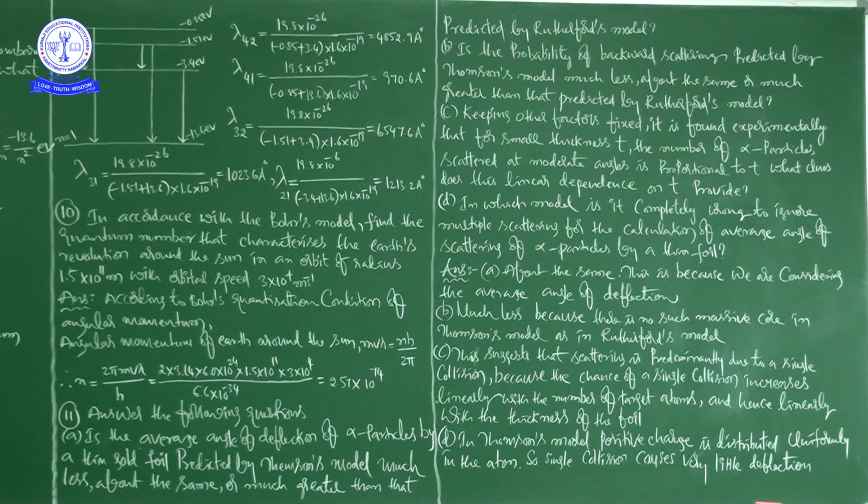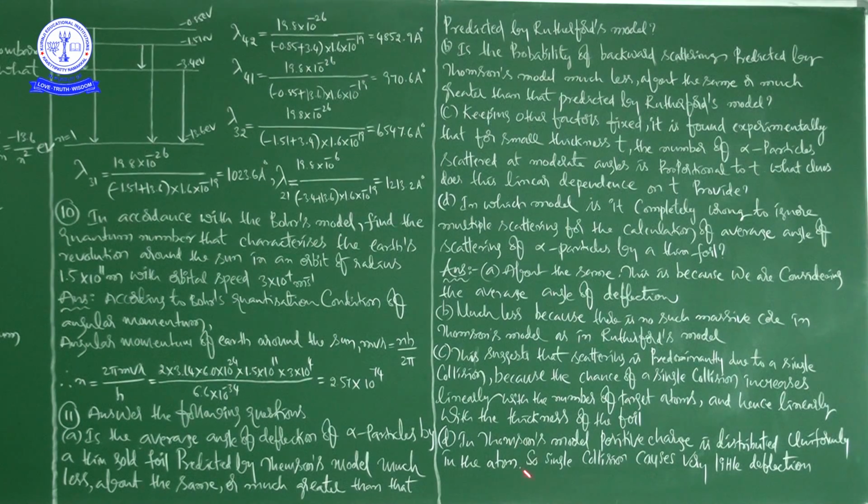The observed average scattering angle can be explained only by considering multiple scattering. Hence, it is wrong to ignore multiple scattering in Thomson's model, right. So we cannot ignore.